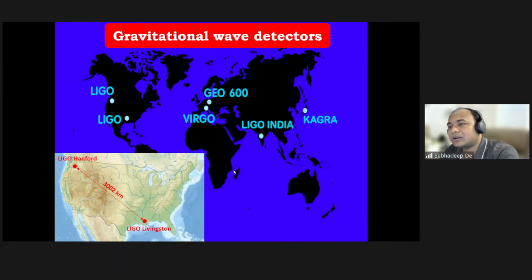The wave does not arrive at the same time on all these detectors, so there is a time delay because of the location of these detectors. Now, if you know the location of the detectors very accurately, and if they are time synchronized properly, you can again add up the signals and enhance your capability.